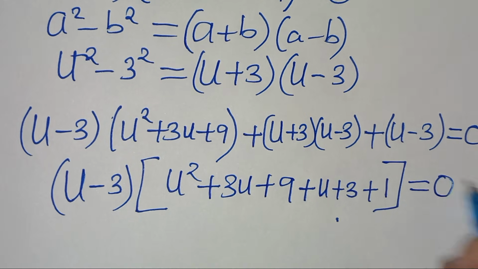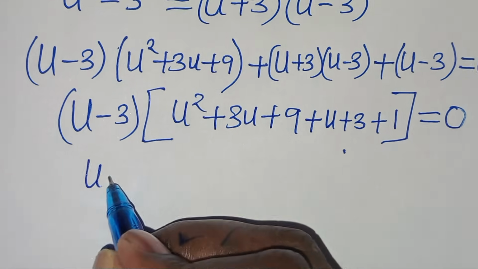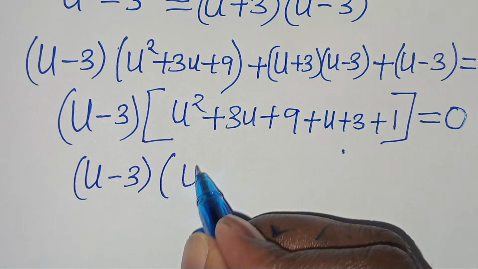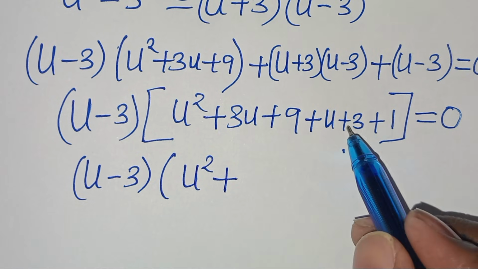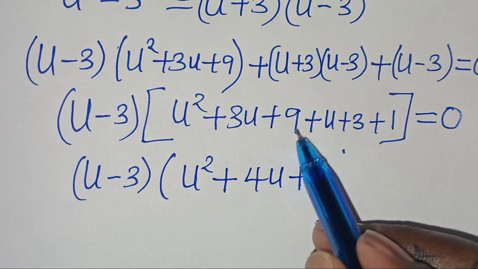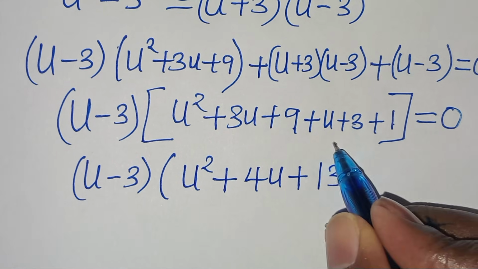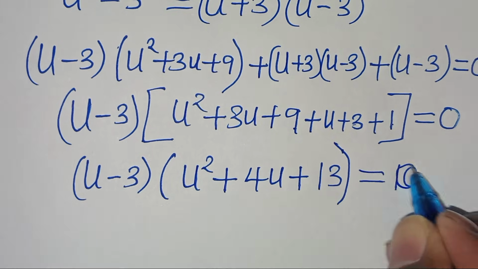This is equal to 0. So we have u minus 3, then we have u squared plus 3u plus u, this is 4u, then plus 9 plus 1, this is 10 plus 3, this is 13, close the parentheses, this is equal to 0.